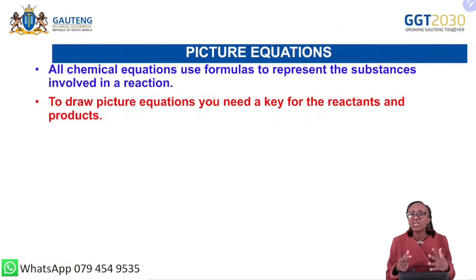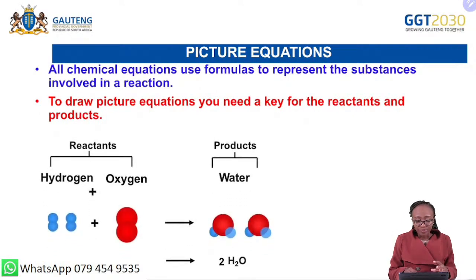Why are we saying key? What is a key? A key is a representation of the specific element or the specific compound. So you need a key in order for you to draw the pictures of your reaction.